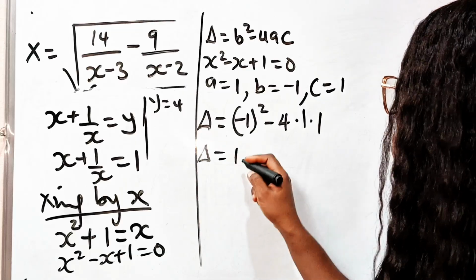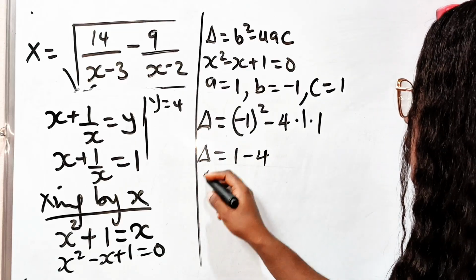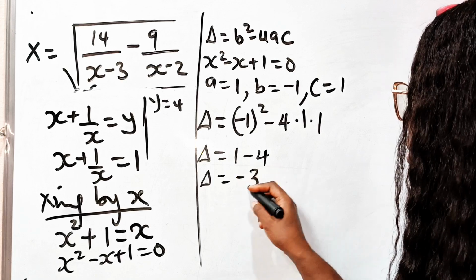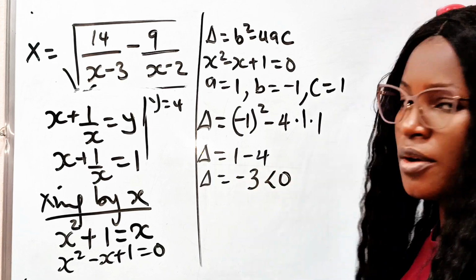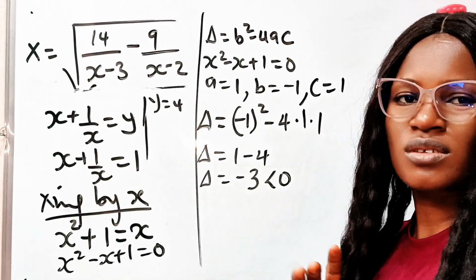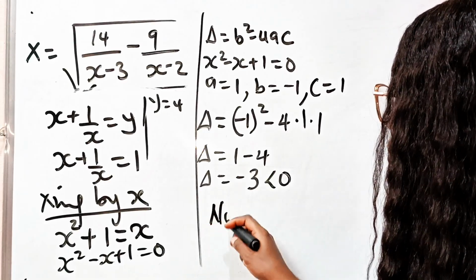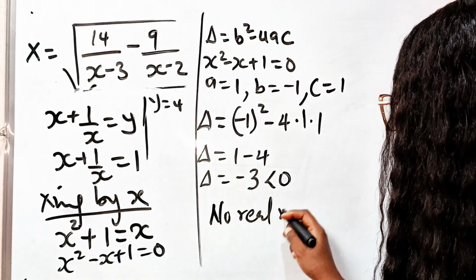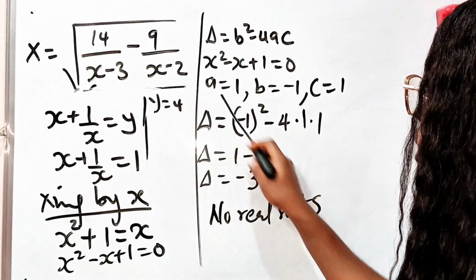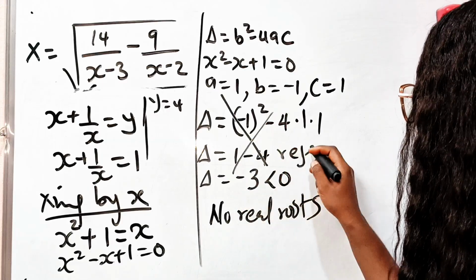The discriminant is (−1)² − 4 × 1 × 1, which is 1 − 4, so the discriminant is −3. This is less than 0. Therefore, this will not give us real roots. So we are going to reject this.